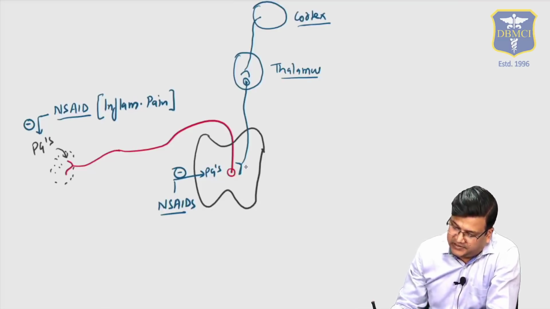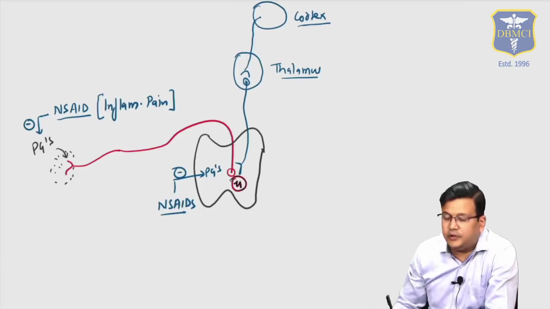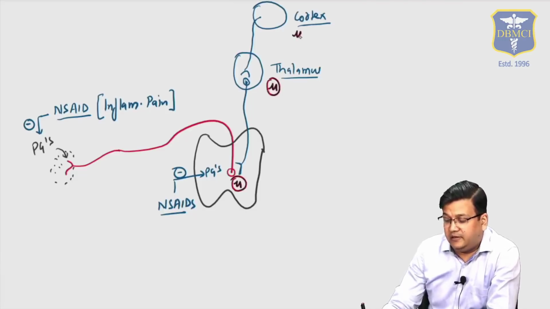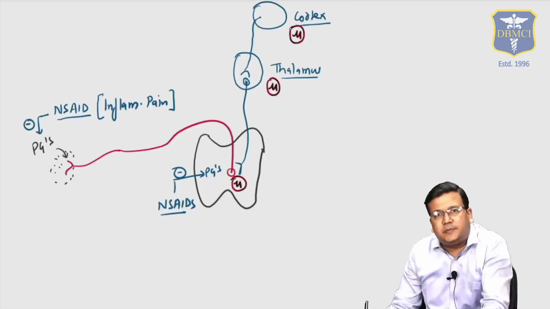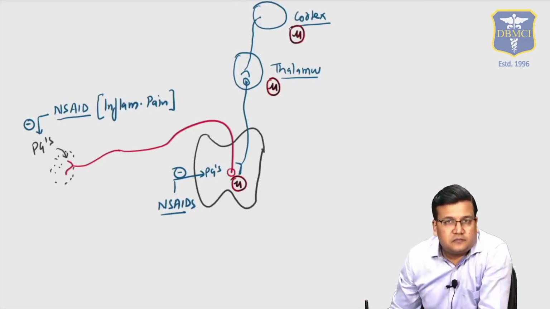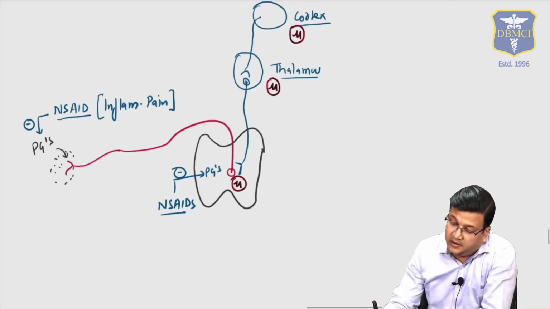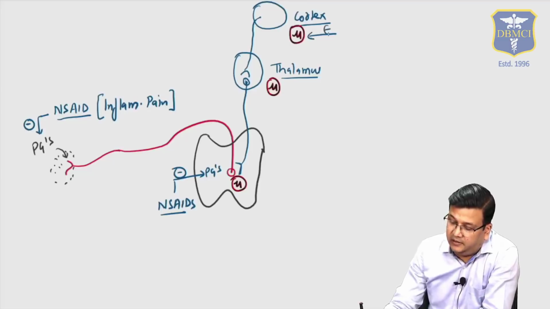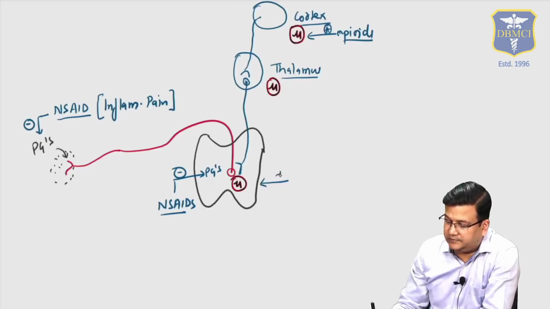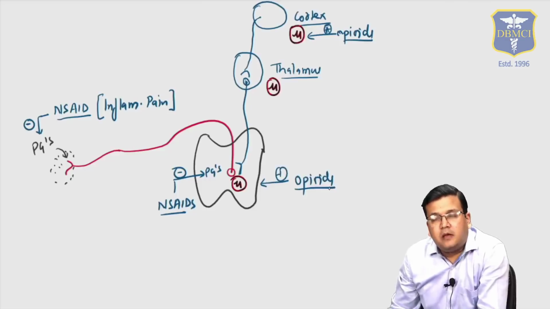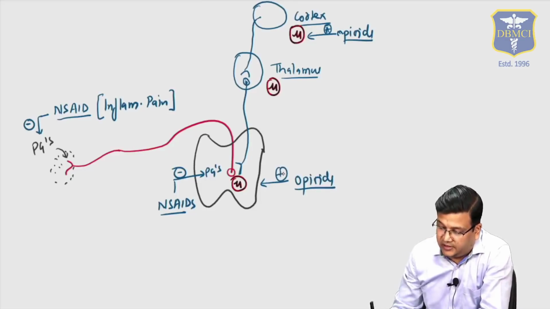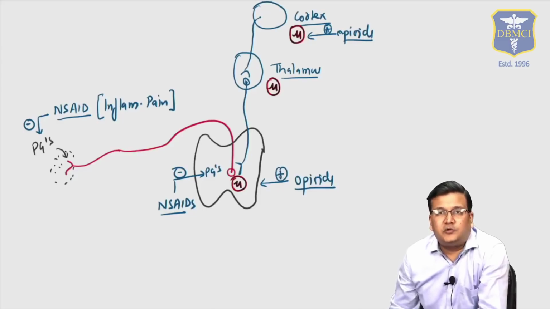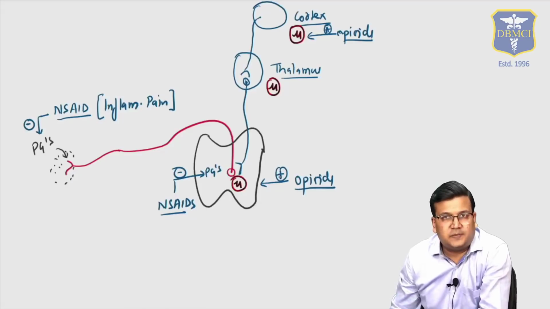Mu receptors are present in the spinal cord and at supraspinal levels, like thalamus and cortex, and stimulation of these spinal as well as supraspinal receptors by opioids causes pain relief by opening some potassium channels, causing hyperpolarization of the spinal and supraspinal neurons. So opioids are agonists at mu, kappa and delta at spinal and supraspinal levels.